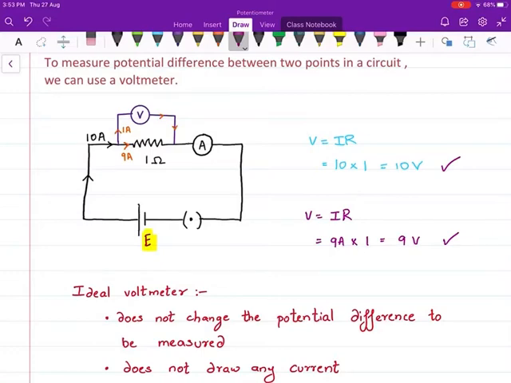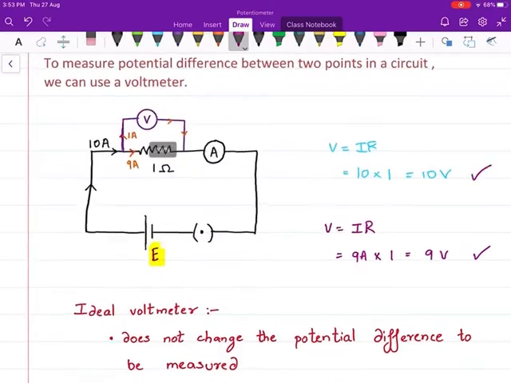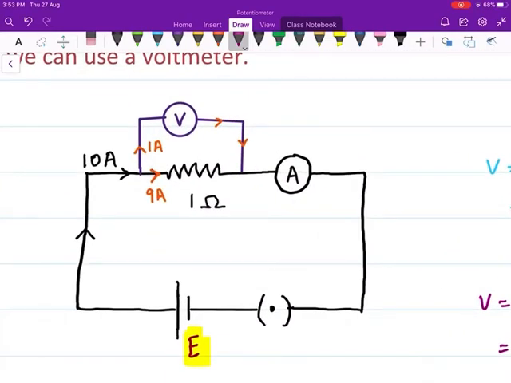Okay, so what can be done about this? To decrease the current flowing through the voltmeter, I can increase the resistance of this voltmeter so that little current flows through it. But some current will definitely be flowing through this voltmeter. If I want all 10 ampere current to flow through this resistor, that means this voltmeter should draw zero current.